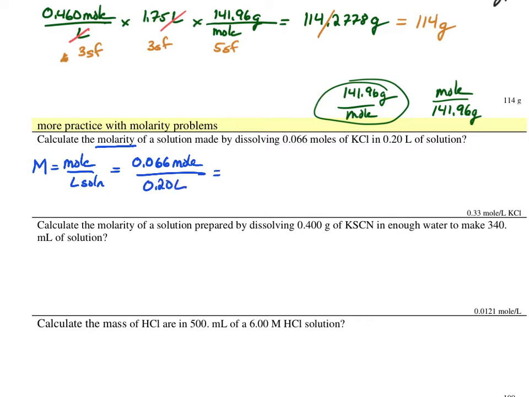So we do the division, and we end up with 0.33 moles per liter. Looking at the sig figs, we have 2 sig figs in both our numerator and denominator. So right now we have 2 sig figs in our answer. That's our final answer.